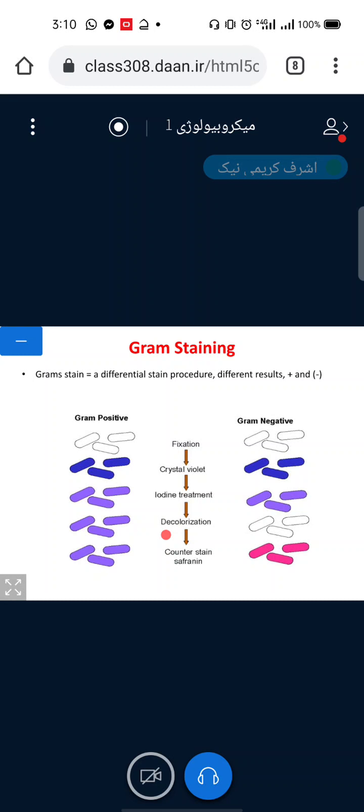Gram-negative bacteria have a lot of lipids. Alcohol and acetone destroy the cell wall of gram-negative bacteria because of the lipids, and these bacteria lose their color and become colorless.